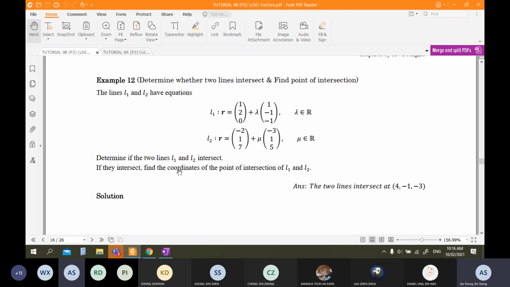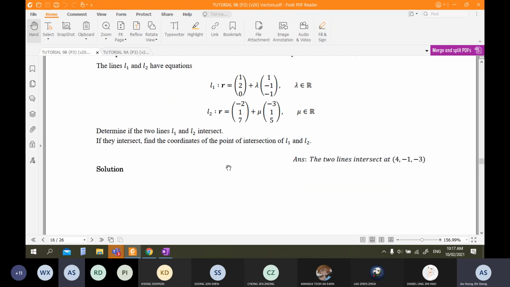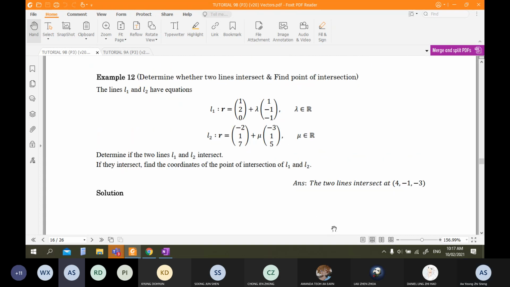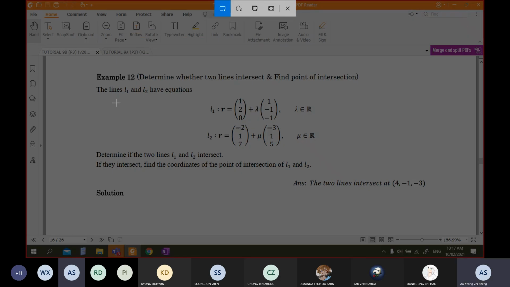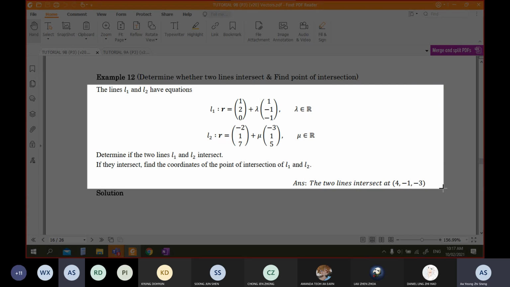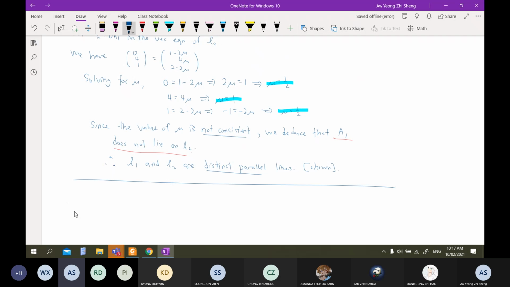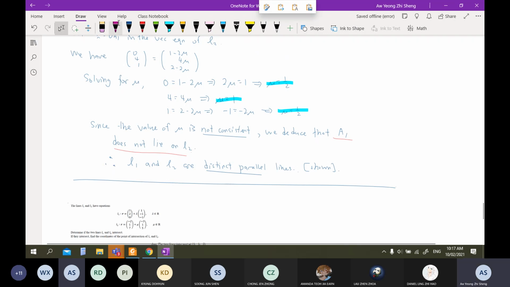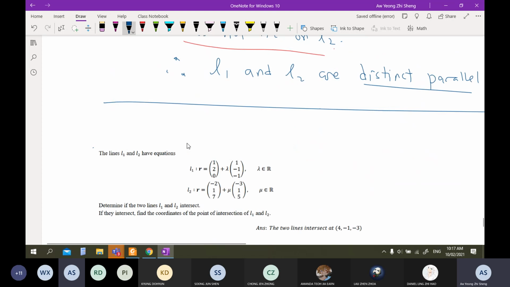This is very popular. And also to show that two lines are skew, that is also very popular. So they ask you to check whether these two lines intersect or not. Okay, we are now doing example 12.